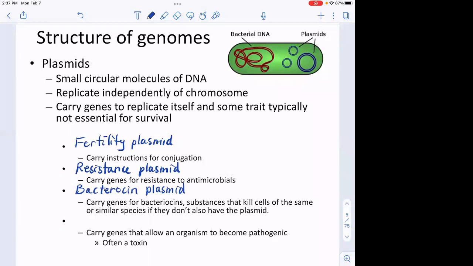And then another big group of plasmids, virulence plasmids. That's the instructions for any kind of gene that would help a cell be more successful in colonizing a host. That might be some anti-phagocytic mechanism. It might be a toxin, for instance. We're going to talk much more about virulence factors going forward.